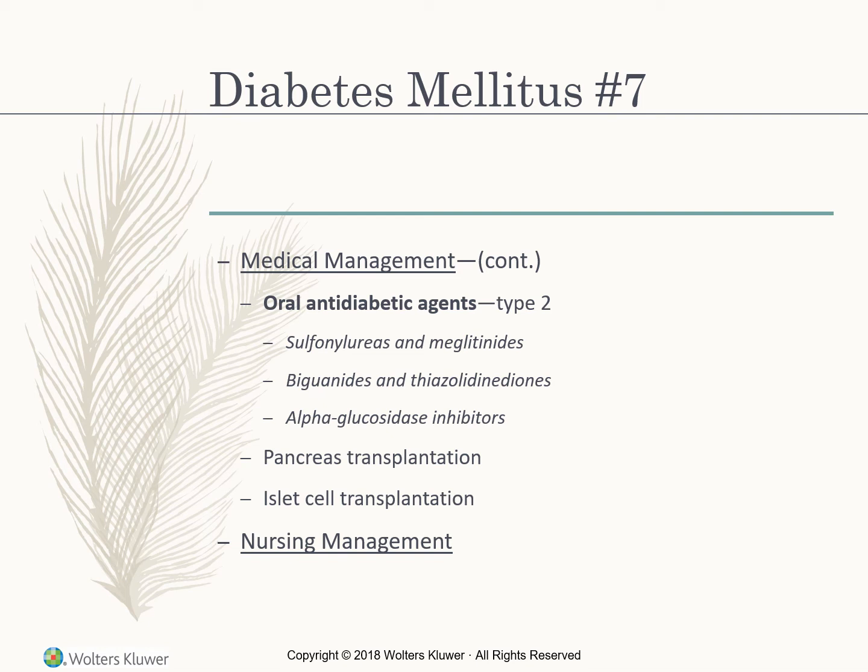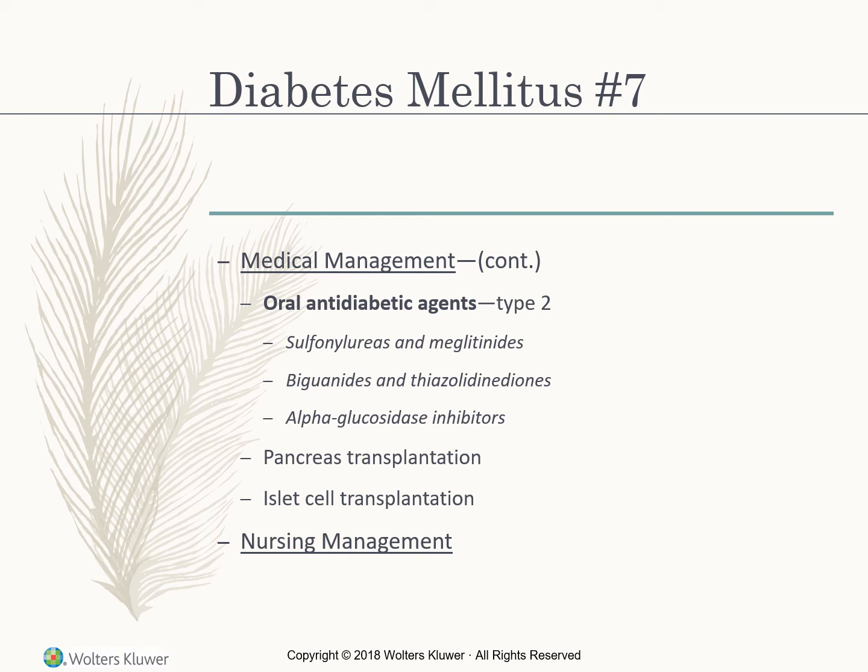Then we have biguanides and TZDs. Metformin is the only biguanide approved for use, together with the thiazolidinediones, which include rosiglitazone and pioglitazone, and they are categorized as insulin sensitizers.